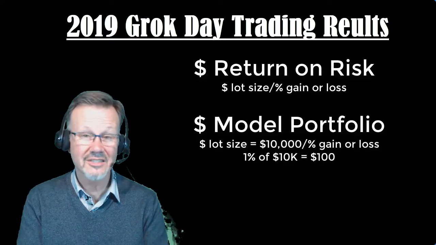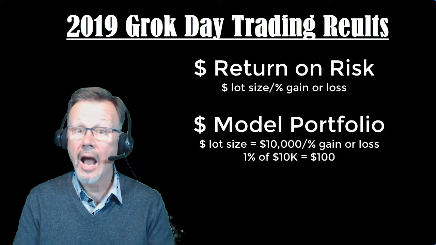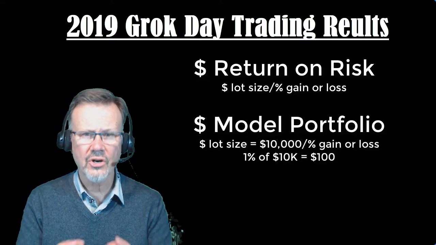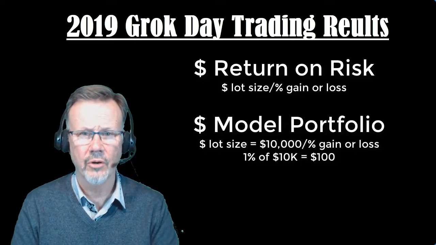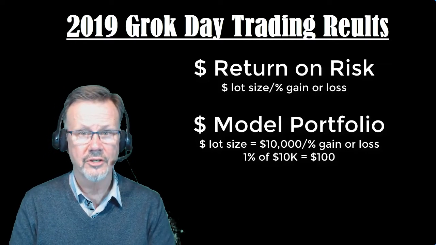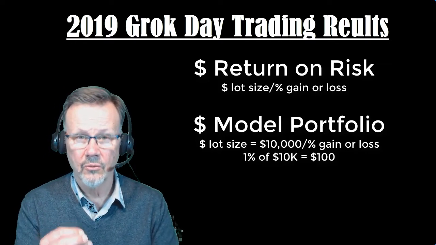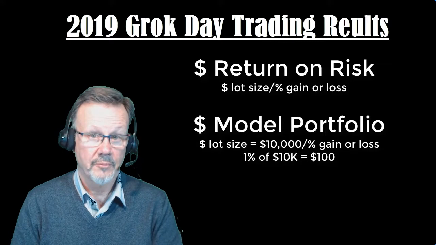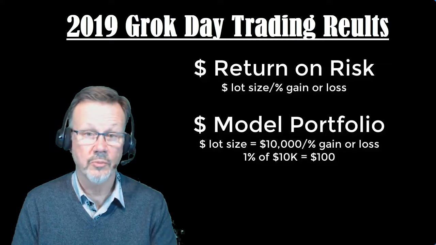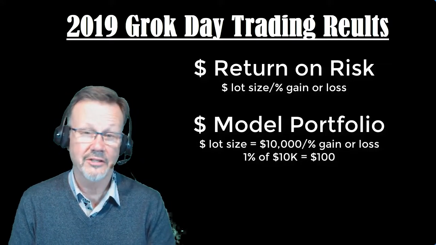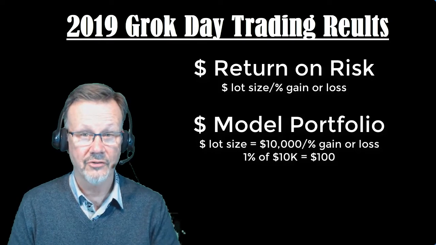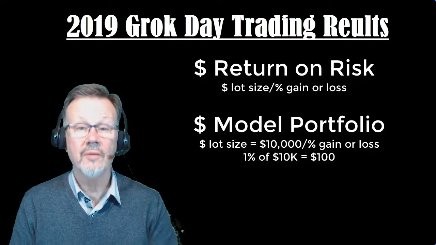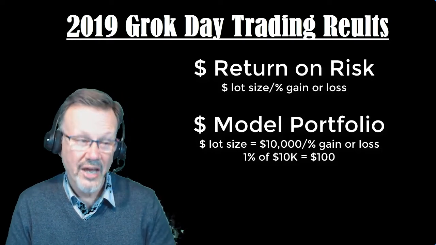Now, some folks are doing less than that. Some folks might be doing more than that. I don't know. But that's our model, so you can kind of get an idea of where we can convert this over into money. So if on a particular trade it was plus 1%, it was net $100 if you're doing the $10,000 lot sizes. So let me show you a typical day then.